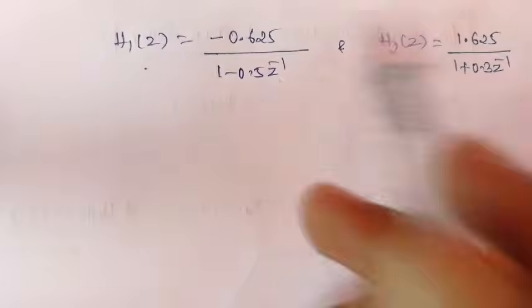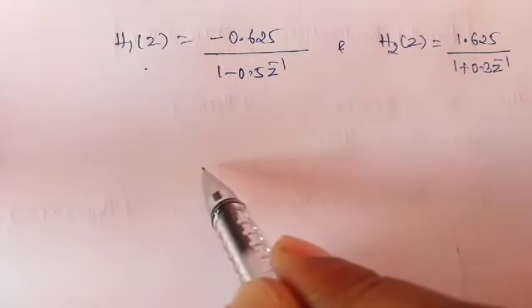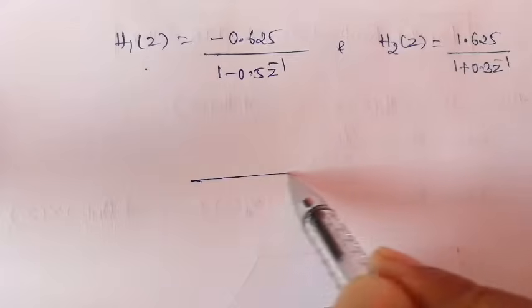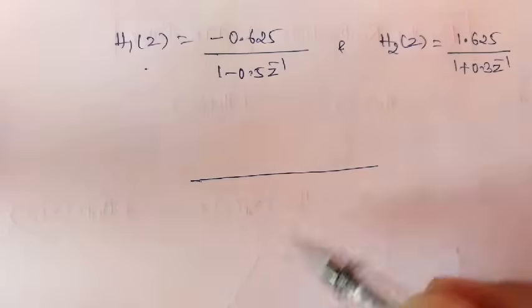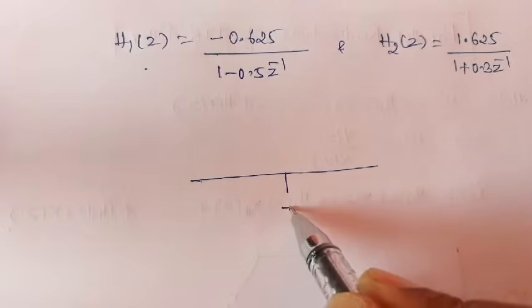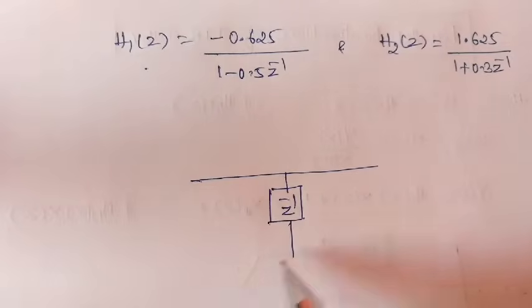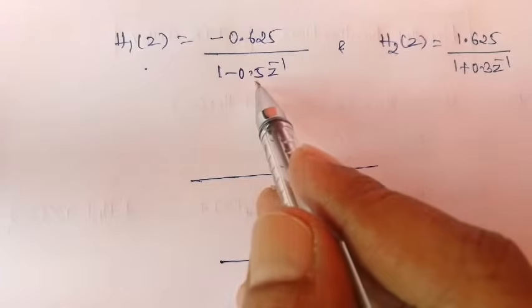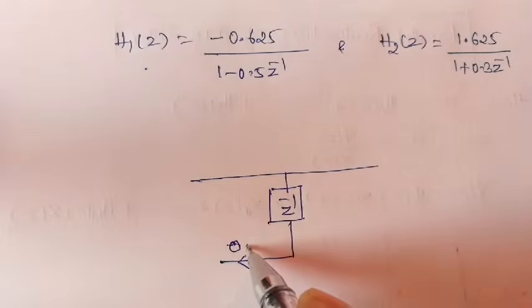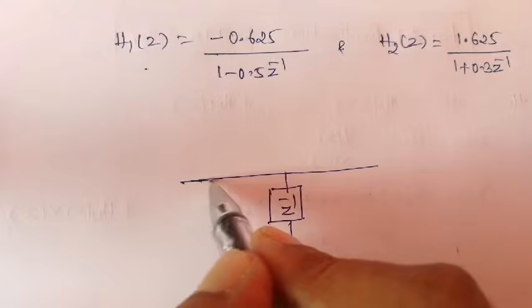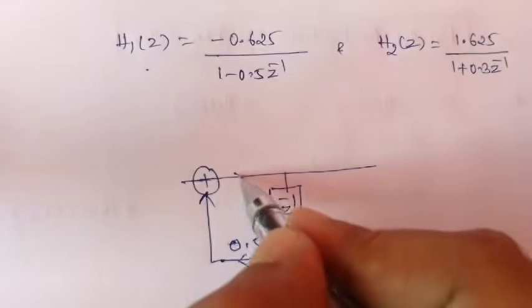It contains both poles and zeros. First the poles will come in direct form 2: one unit delay, multiplied by the coefficient minus 0.5. We take the opposite sign, so it becomes plus 0.5, added with the previous result, and the coefficient term is 1.